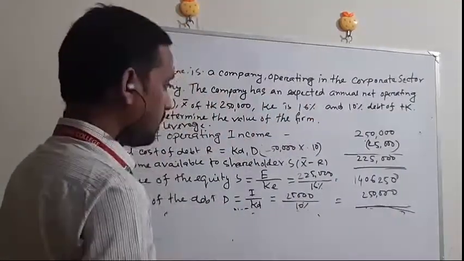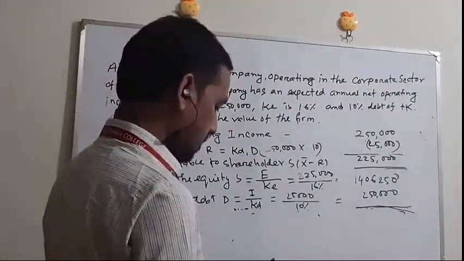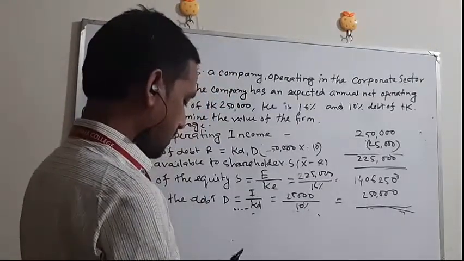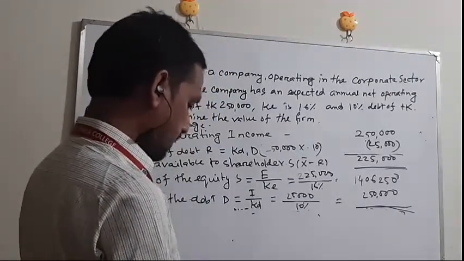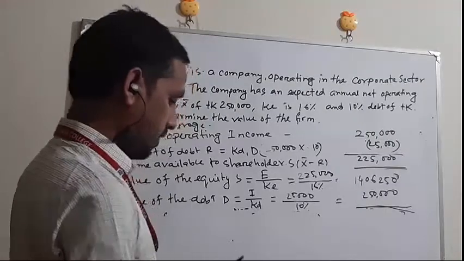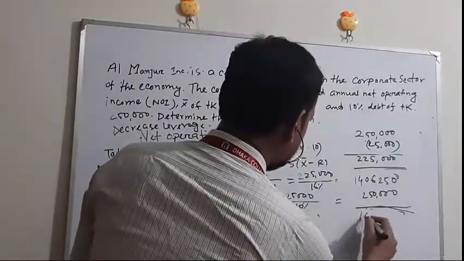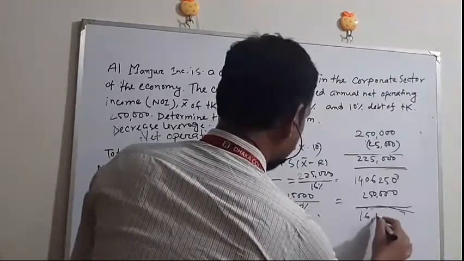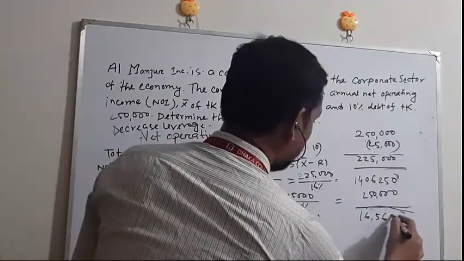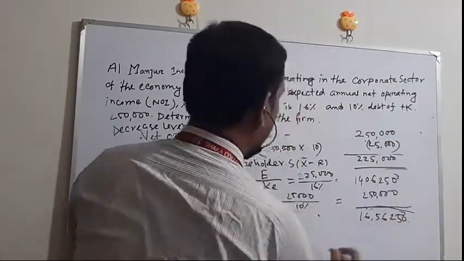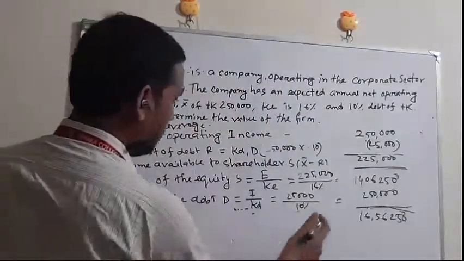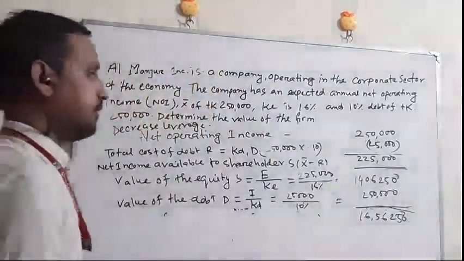Okay, 2,50,000 taka plus 14 lakh 6,250 taka, I mean 16 lakh 56,250 taka. I mean it is the value of the firm.